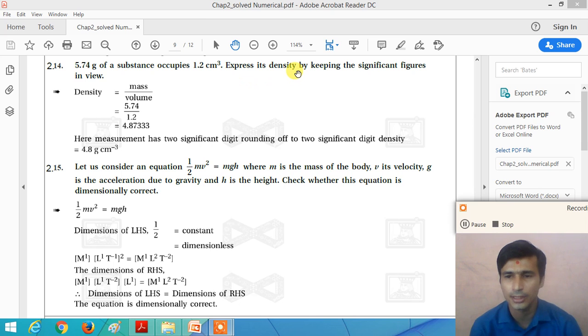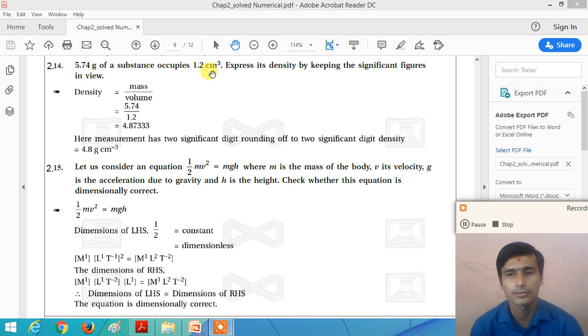So dear student, you know the formula of the density of an object. Density is equal to mass divided by volume. The mass of the substance is 5.74 gram and the volume is 1.2 centimeter cube.